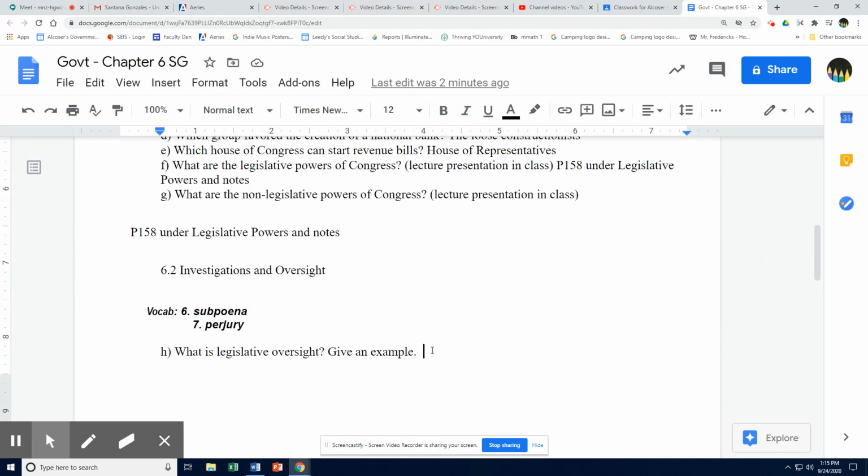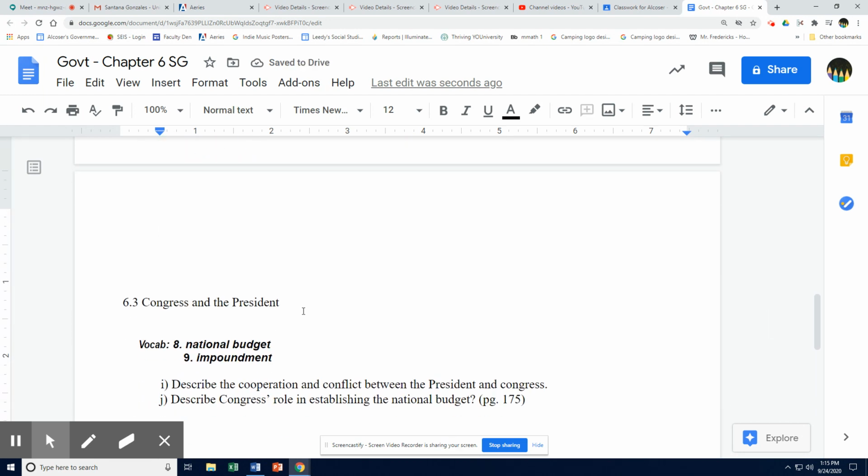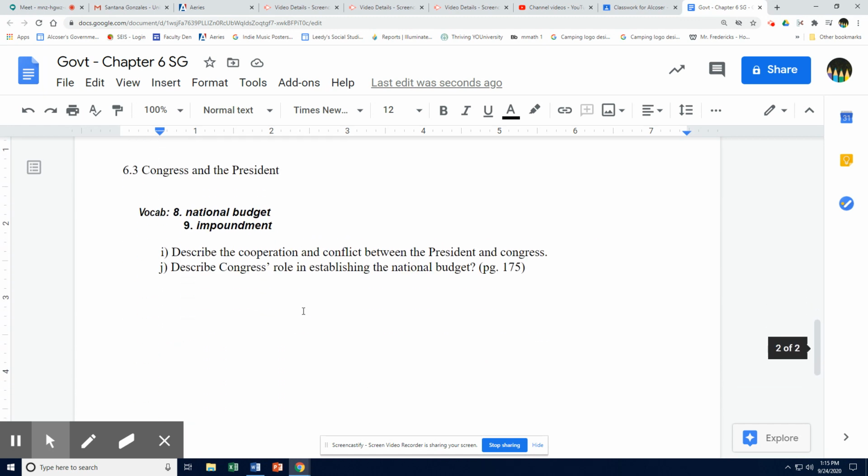I'll put the page number there for you: 169, under legislative oversight. Is that it for 6.2? Wow, that was short. Okay, so we have 6.3, Congress and the President.